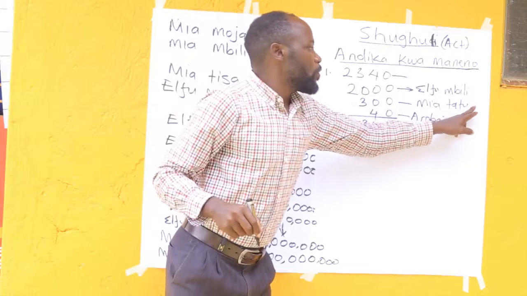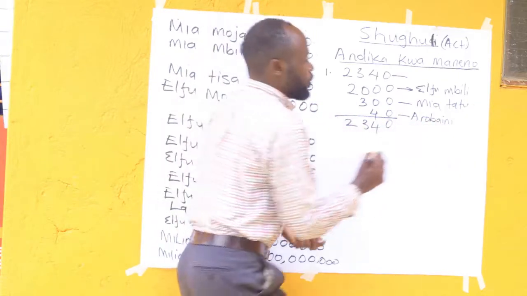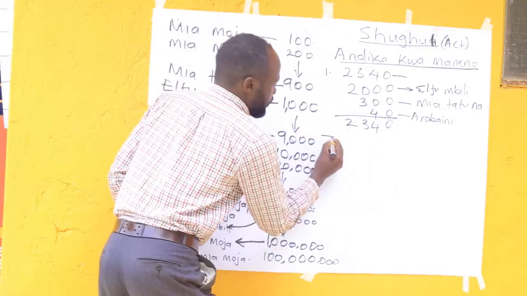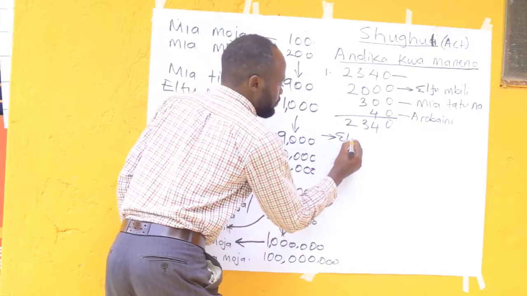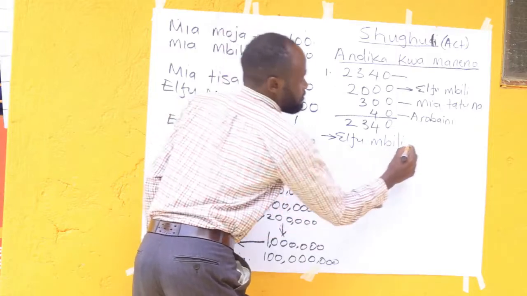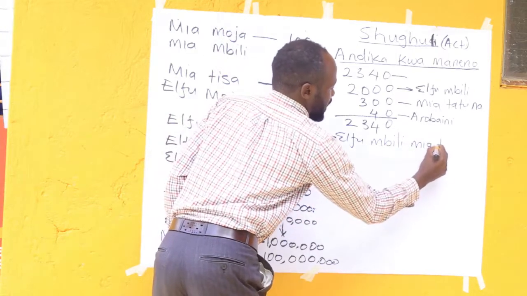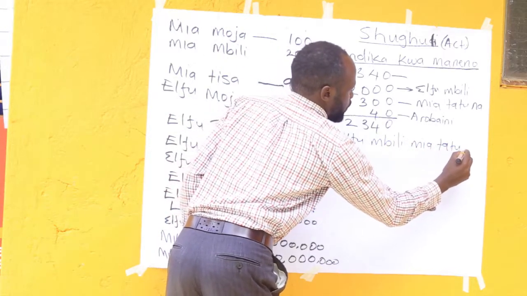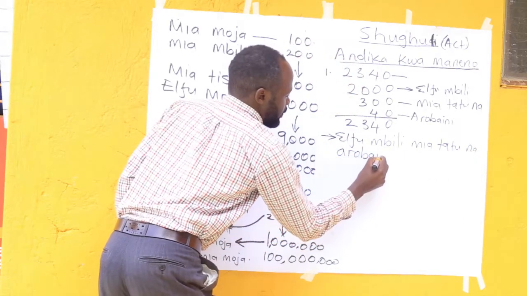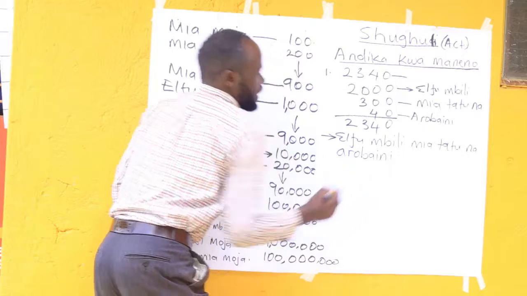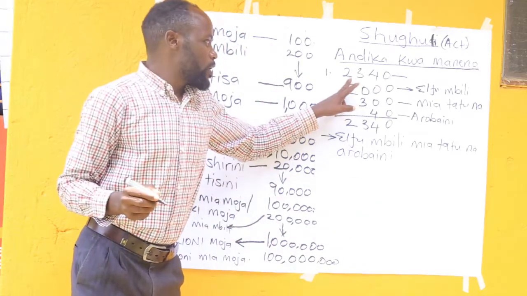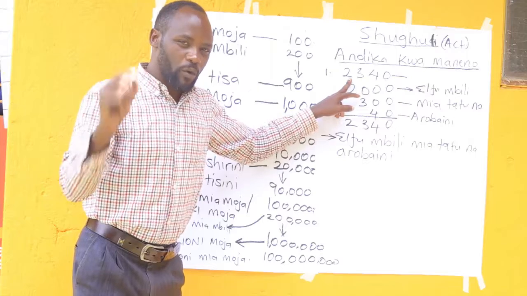On the last word, we shall put connective na. So our figure in words is elfu mbili, mia tatu na arobaini. That's how we can write this in Kiswahili words.